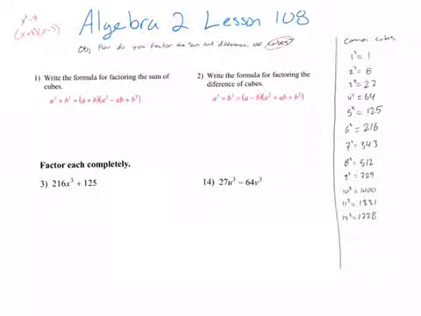Now, while I've been rambling on, hopefully you noticed that these are the formulas for the difference of cubes and sum of cubes, except I noticed this one here is supposed to be the difference one. So this is actually supposed to be like that. So just notice then, it's a cubed plus b cubed.